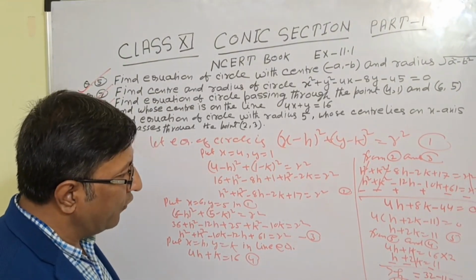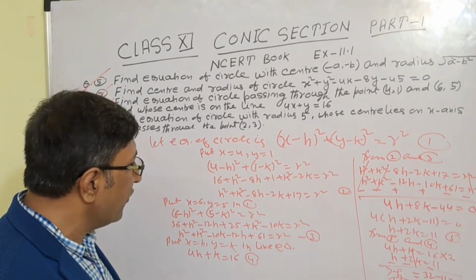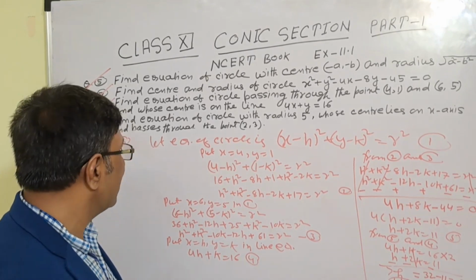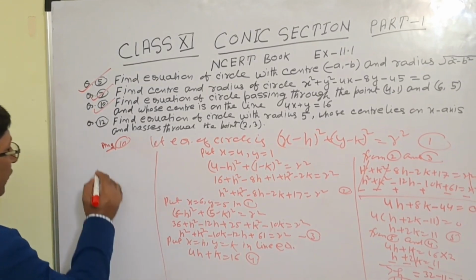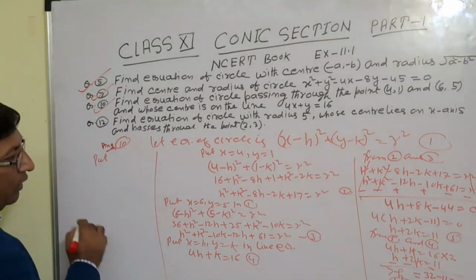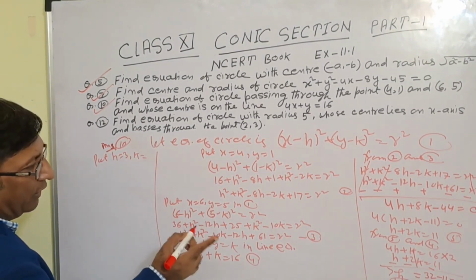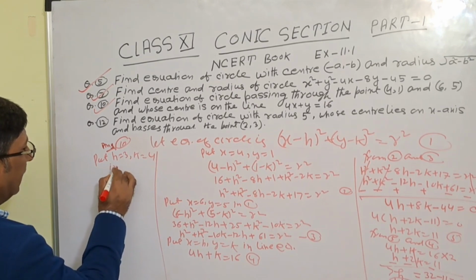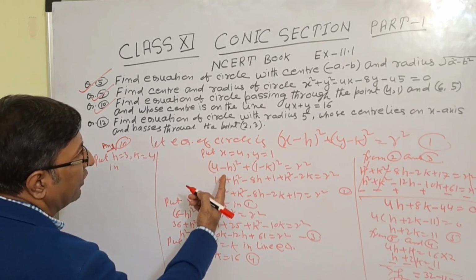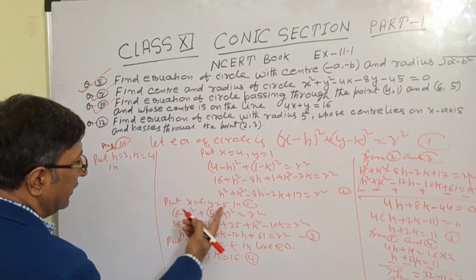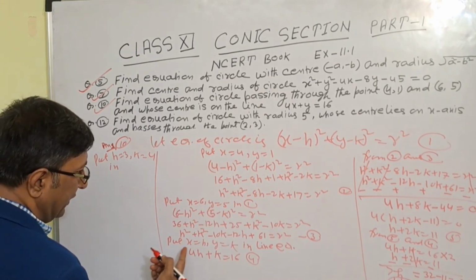So now we have already h equal to 3, k equal to 4. So now we have to find the value of r square. So you can put h equal to 3 and k equal to 4 in the first equation, where we have taken this number x6 y6.